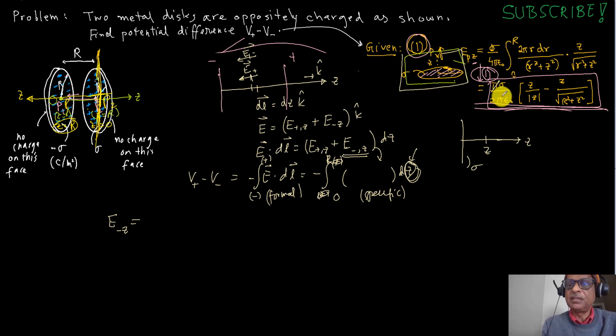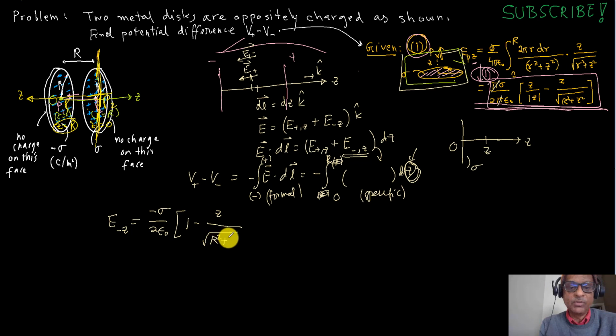The pi cancels out, giving minus sigma over 2 epsilon naught, and since z is positive the way it's written, the sign factor is 1, and so it remains z over the square root of r squared plus z squared.